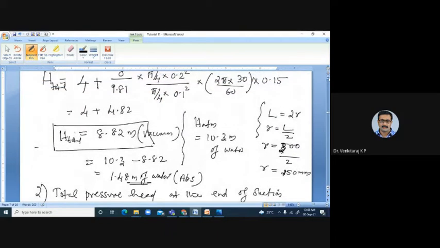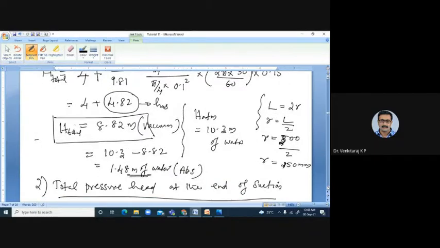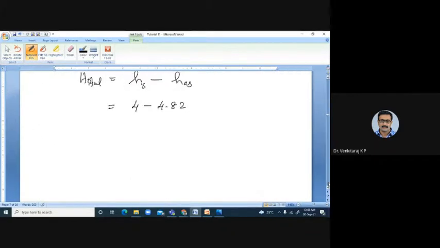So this value that we have obtained is HAS, acceleration suction head. So 4 minus 4.82, so this is equal to minus 0.82 meter of water.